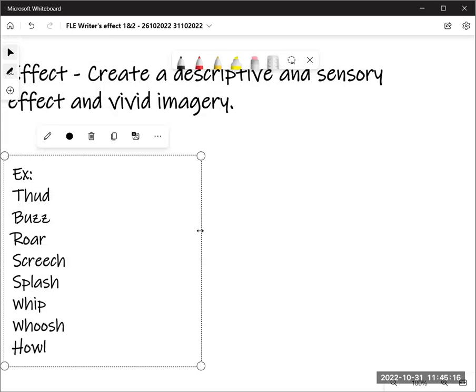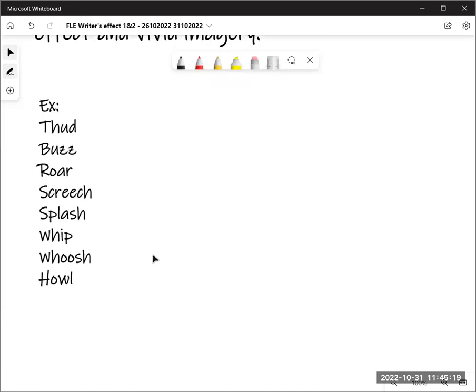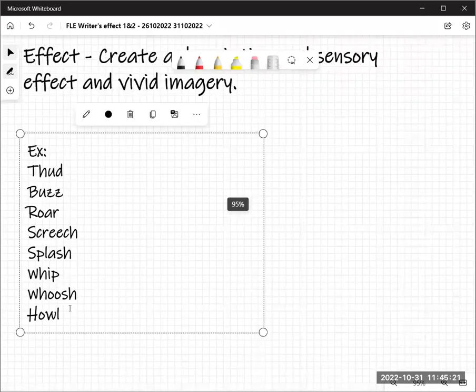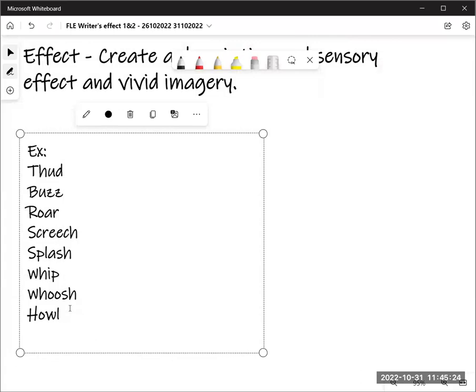Now please write these. I need you to use them in your writing. It's very important. I'll give you a few more actually: clack or click, same thing.